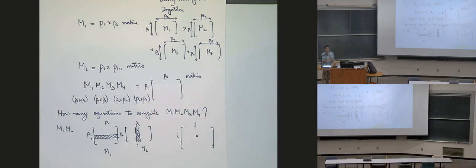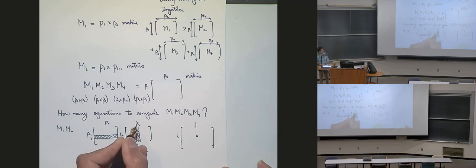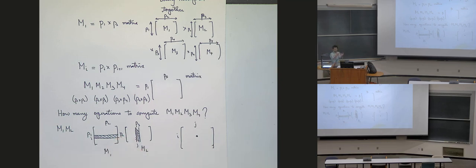Does this kind of look familiar? So you're going to take all of these entries and all of those entries. And this is a row vector of dimension P2. That's a column vector of dimension P2. So they have the same dimension. And so you can basically take the dot product of those.